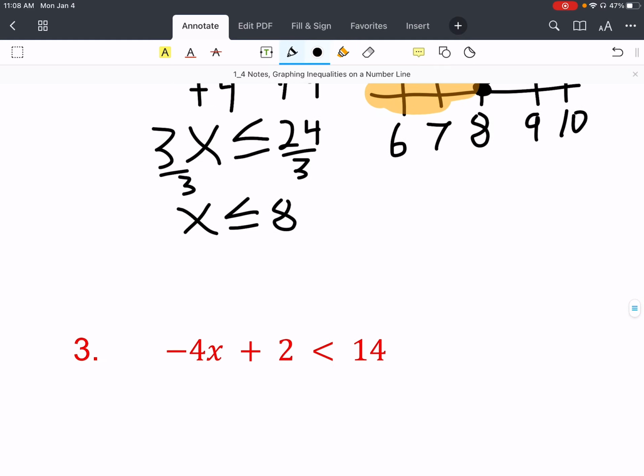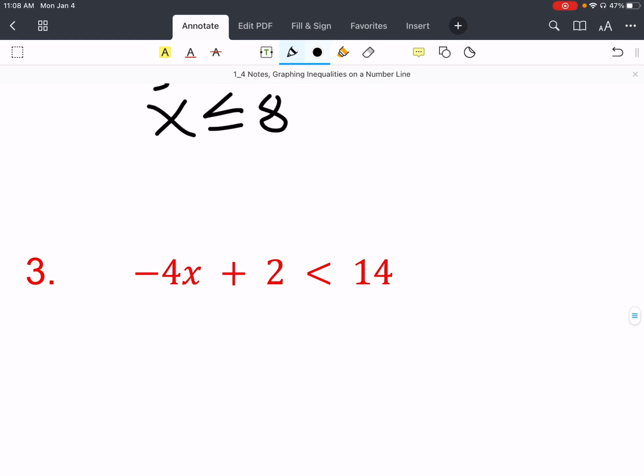Okay, got a couple different rules to follow here. So we're going to subtract 2 from both sides. That's easy. We have negative 4x is less than 12.